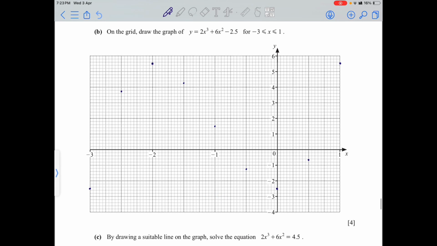We have to connect them together using dots, using a smooth curve rather than straight lines. Okay, it's going to go up till here, and then it goes down.